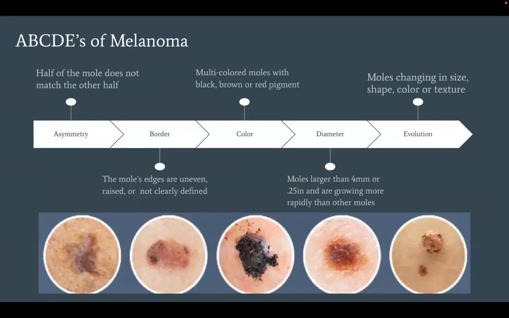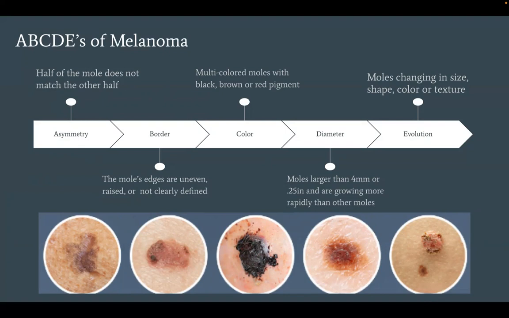So asymmetry is if one half of the mole does not match the other half of the mole, as you could see in the image below. For border, it's if the mole's borders are uneven, raised, or not clearly defined. And as you can see, there's that image below as well. For color, the moles will be multicolored, usually with a very dark pigment that is black or brown, and sometimes even there are some red spots and areas thrown in there.